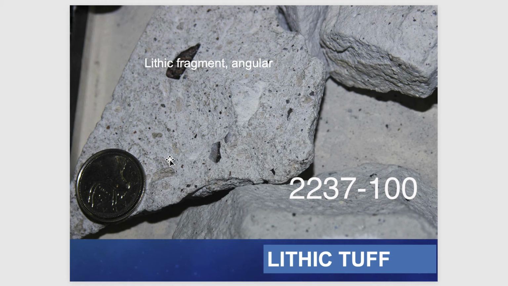Other things: you have to describe really well the fragments in this case. So describe the color of the fragments, and you should test them with the acid. Of course, I can do that, and we can infer the composition of the fragments, which could be fragments of sedimentary rocks or volcanic rocks.